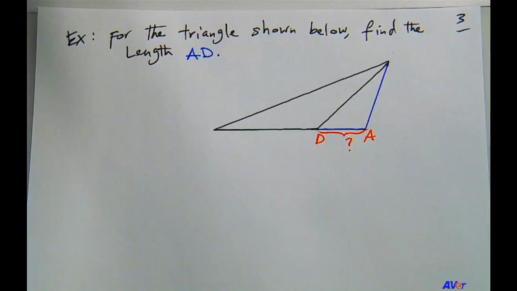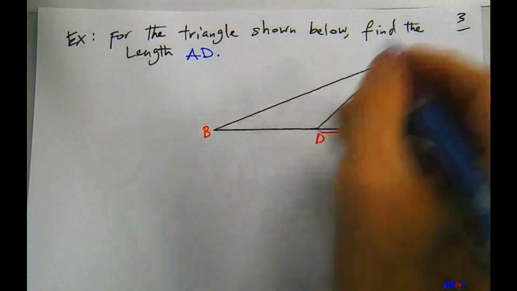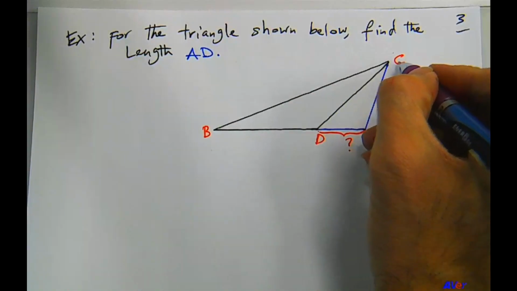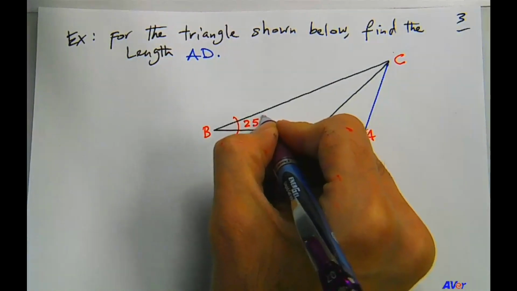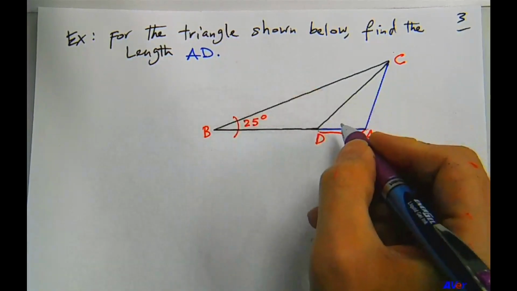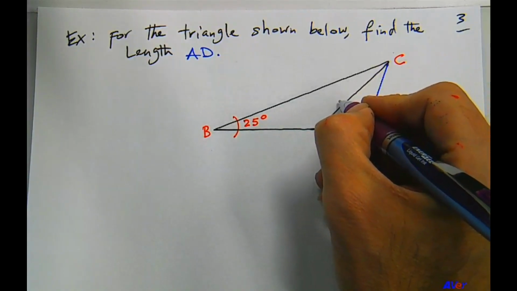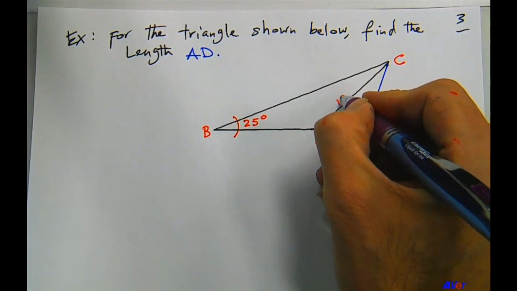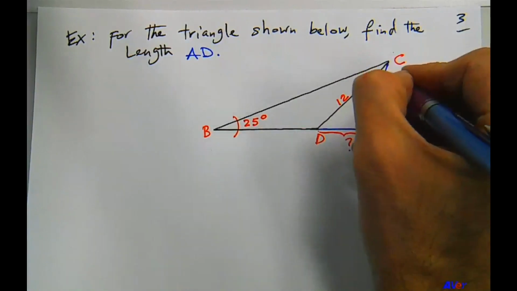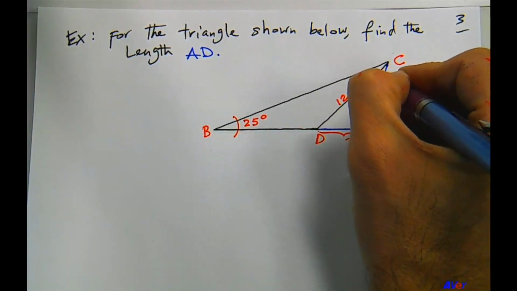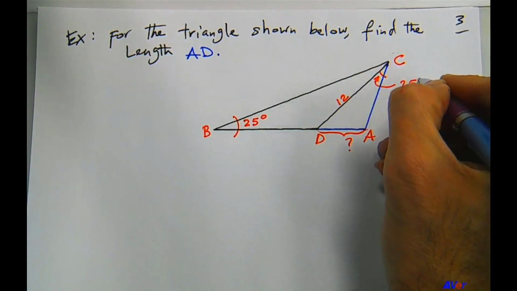But let's see what information we are given. We know that this is called B, this is called C, and then we also know that this angle is 25 degrees. We are told that the measure of this side is 12. And we know that this angle here is also 25 degrees.